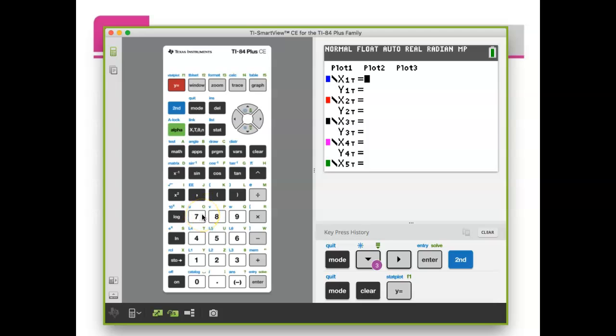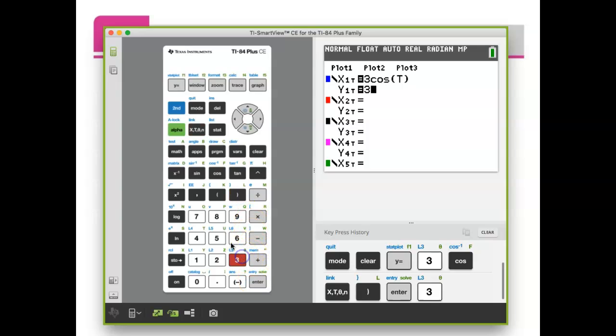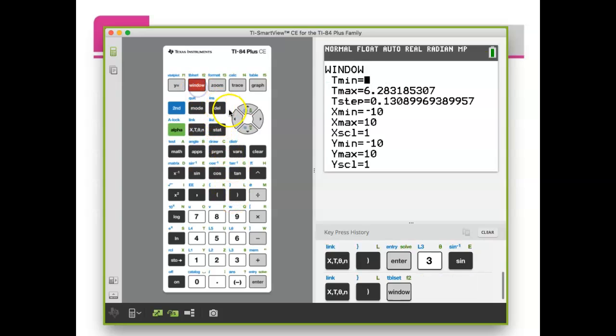So let's say we want a radius of, I don't know, 3. So I would do 3 cosine t, and 3 sine t for y. I go to my window. I only want to trace out between 0 and pi. Keep my t-step around 0.1.